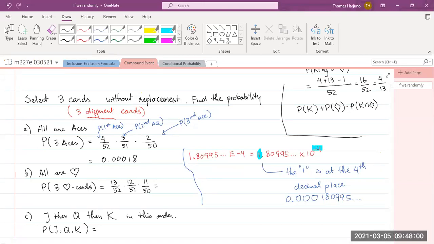So 13 times 12 times 11 divided by the product of 52, 51, 50. I get 0.012941.